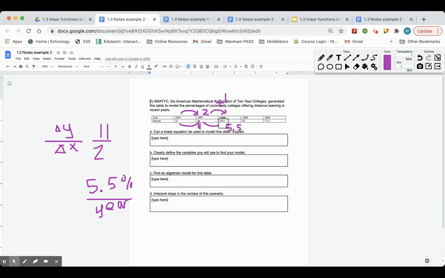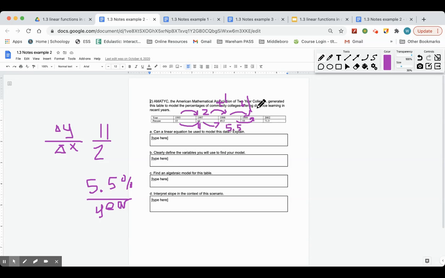So that one checks. And let's take a look at going from 98 to 99. That's a 1 year increase. If we use our calculator and type in 55 minus 49.5, that's another 5.5% increase.